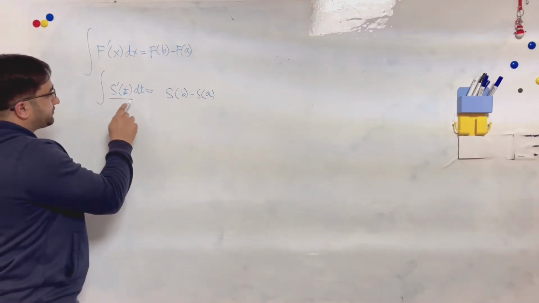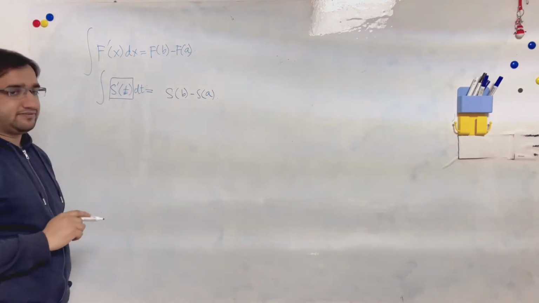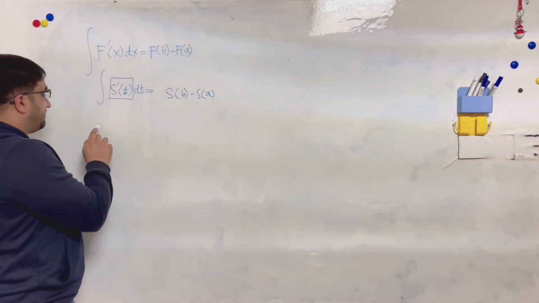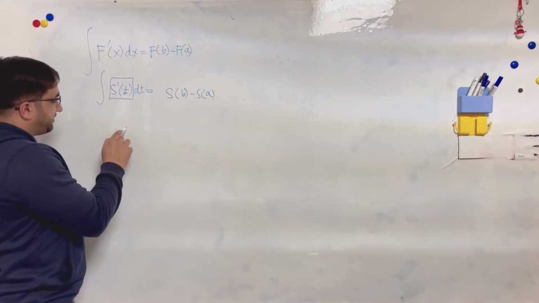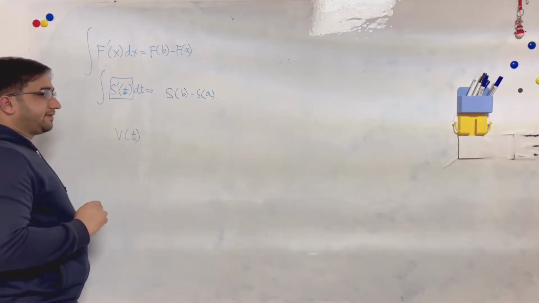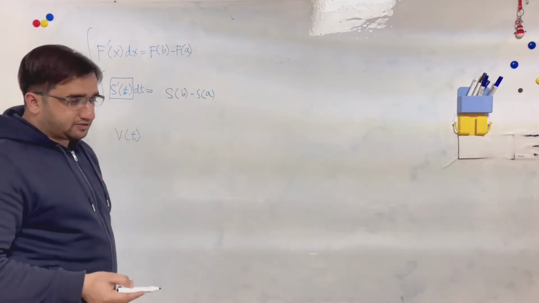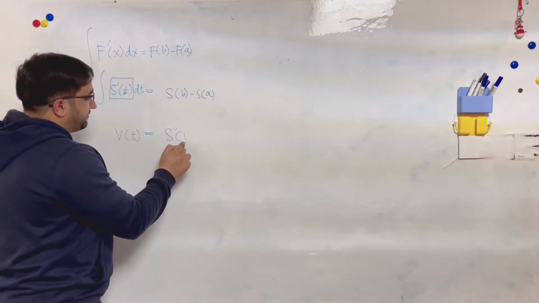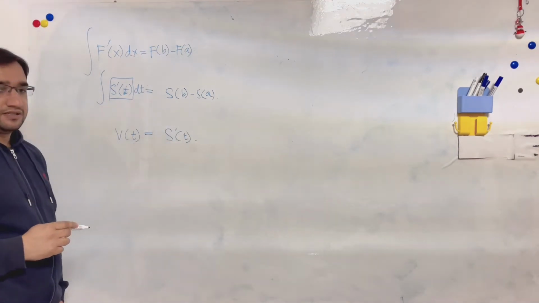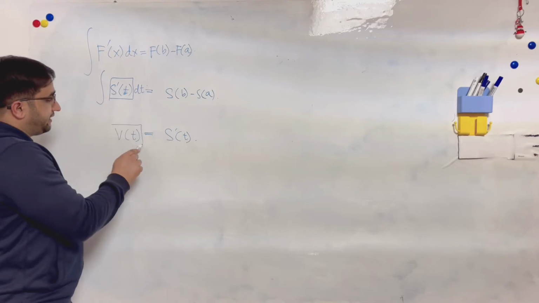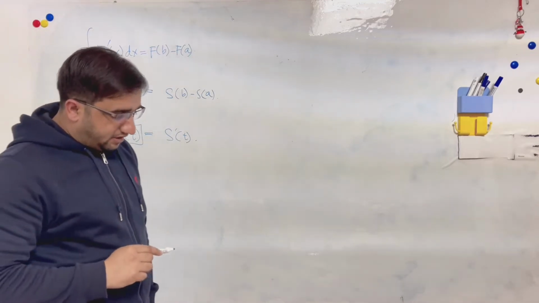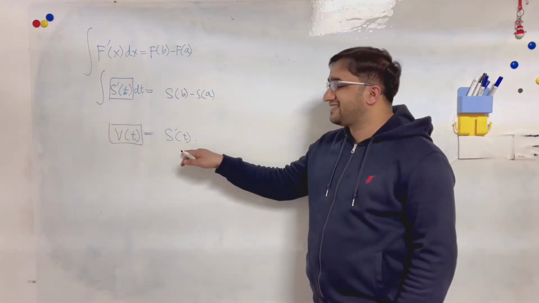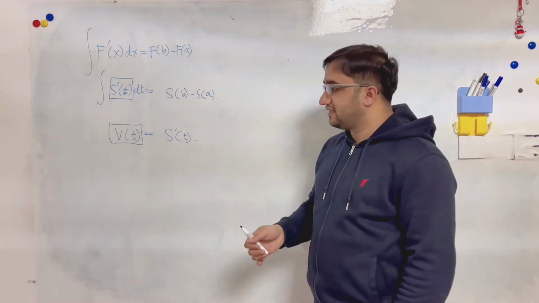Now, either you will know this thing, which is the derivative of the distance function, or in the question you will be given a velocity function. You know that velocity is the derivative of the distance function. So sometimes they give you a velocity function and ask you to find the distance traveled by an object.